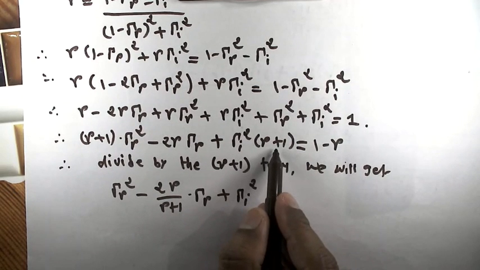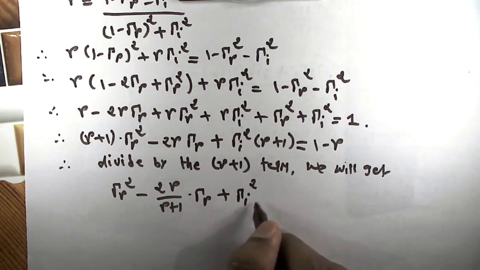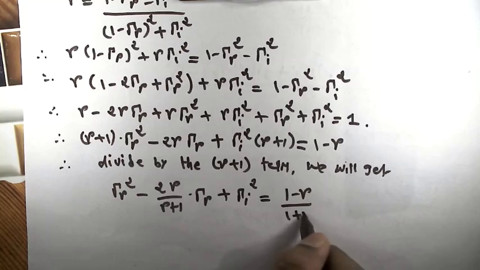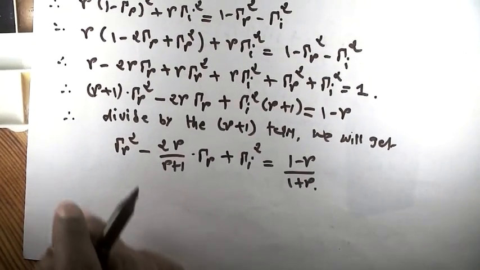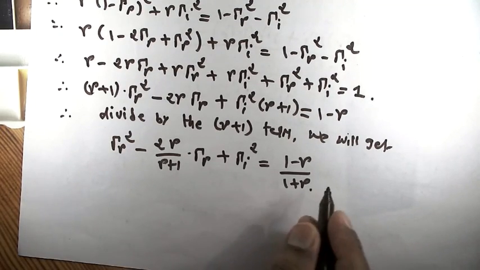Same way here also there is r plus 1, so r plus 1 divided by r plus 1 will eliminate. So we will get 1 minus r over 1 plus r. So now we have an equation, but still it's not exactly looking like a circle equation.